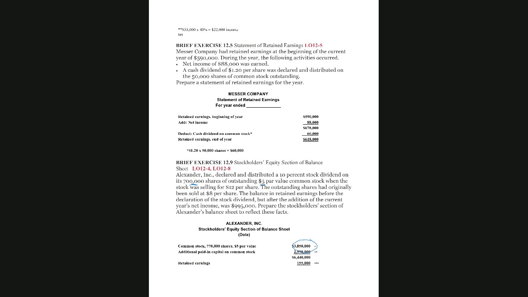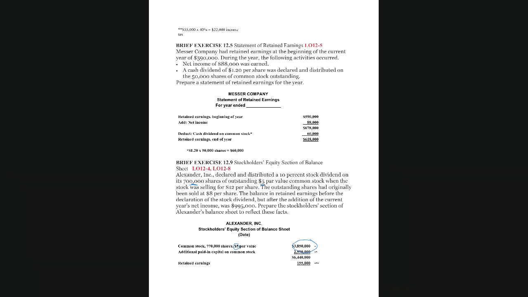When we issued the stock dividend of 70,000 shares, what amount do we multiply by? 70,000 shares times what? Times the $5 par. That's the amount that gets credited to the common stock account.